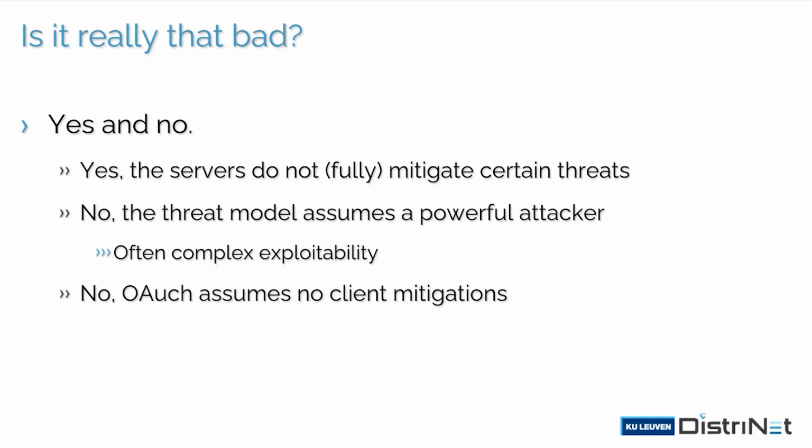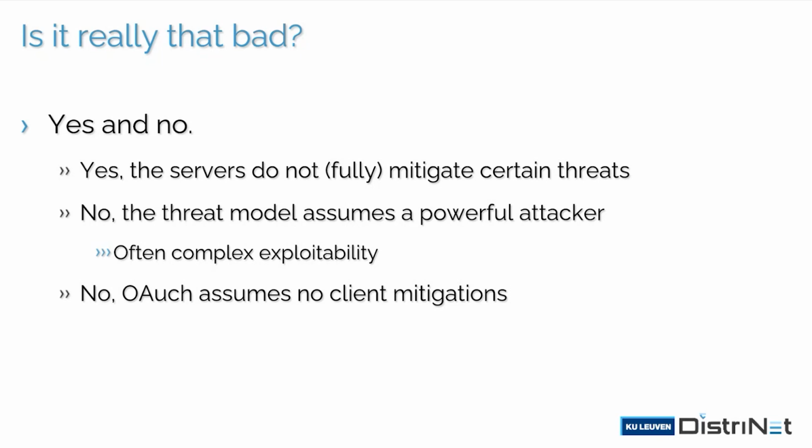And also, OAuch assumes that there are no client mitigations, right? So we only look at mitigations on the authorization server side. And so sometimes a client might actually mitigate a particular threat, even if the server doesn't, right? So we assume the worst case there. Is it a bad assumption?